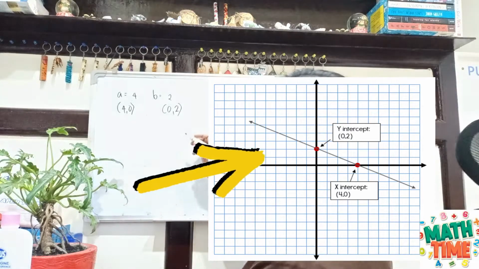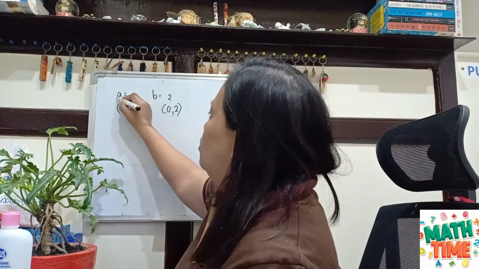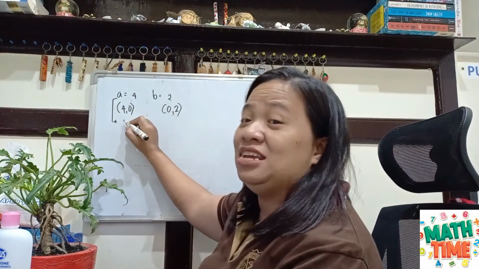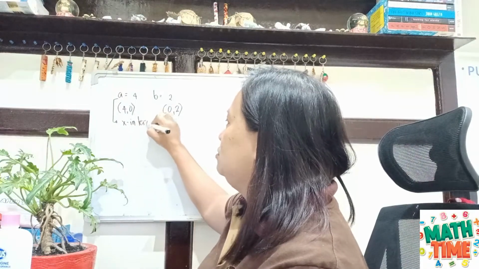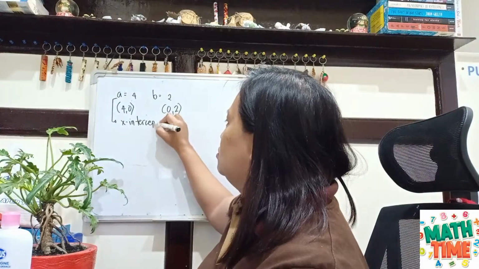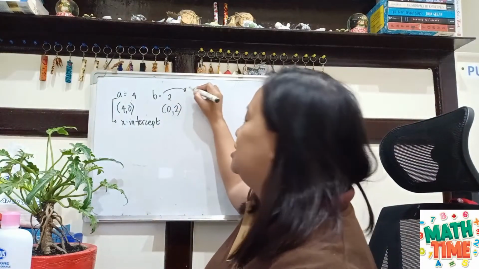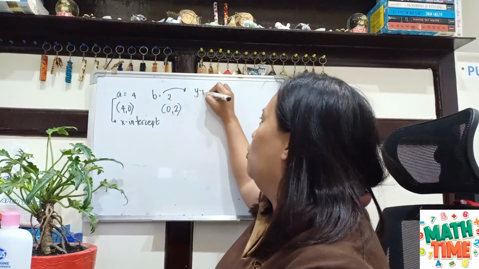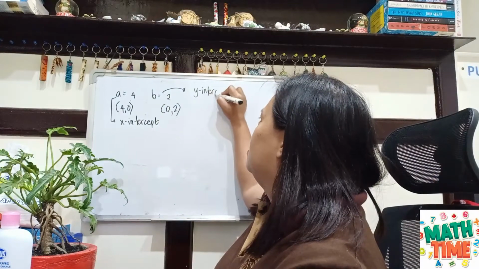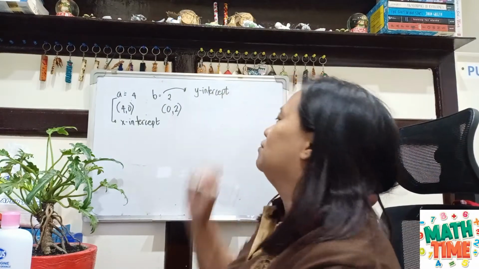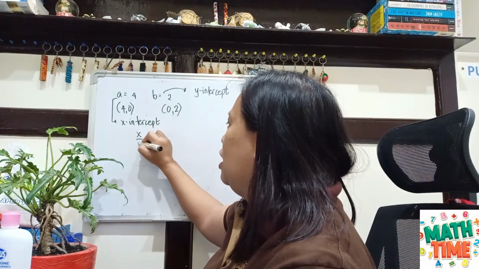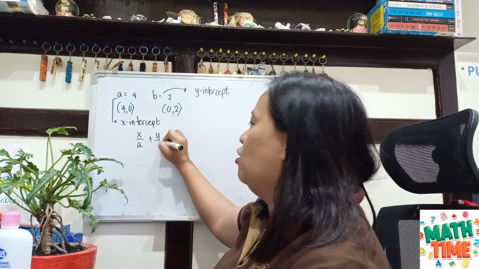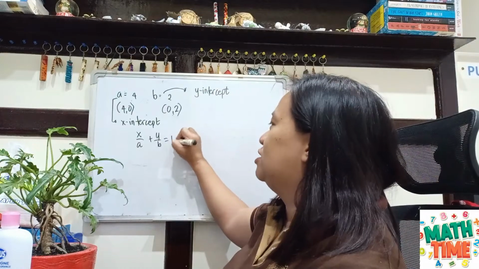Okay, then A is the symbol used for our x-intercept, and B is the symbol used for y-intercept. So the formula to be used is x over A plus y over B equals 1.